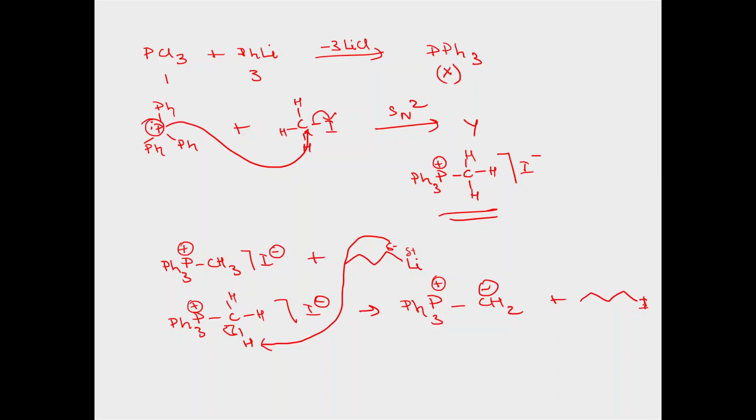Here, this is H. So basically CH3, that is butane, one, two, three, four. It will be up to this point.